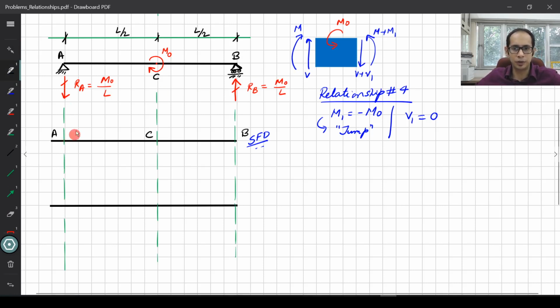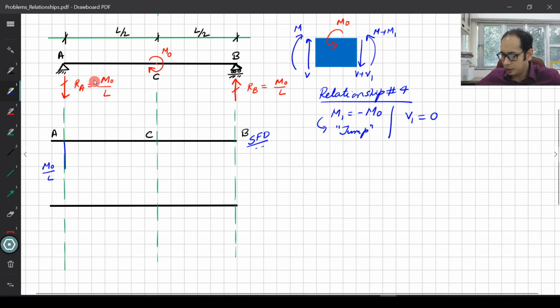At the left, I don't have any option but to go with a downward m0 by L, right? So here I have downward m0 by L, which is negative, right? But I'm not marking the negative since I'm drawing in the bottom half.